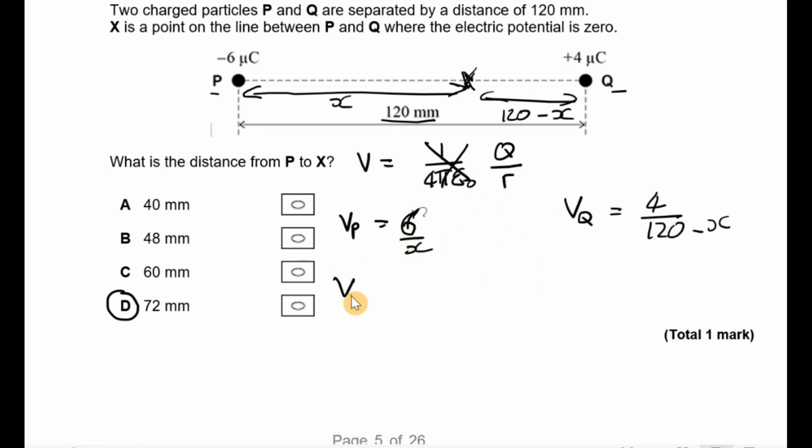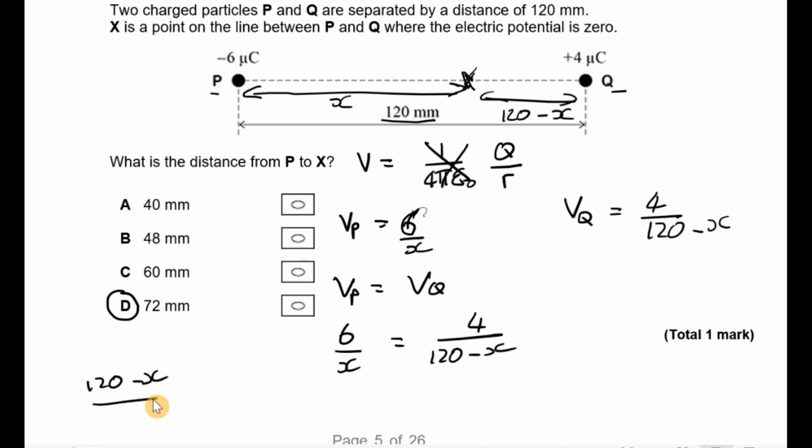So we're looking at a point where Vp is equal to Vq, or 6 over x is equal to 4 over 120 minus x. So I can rearrange, I can say that 120 minus x over 4 equals x over 6.